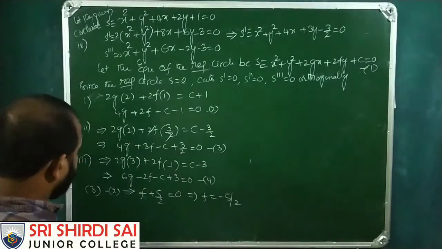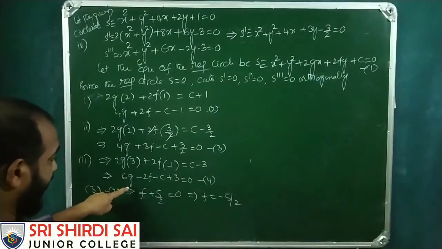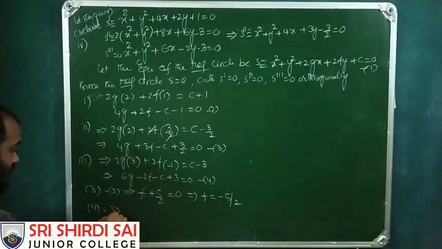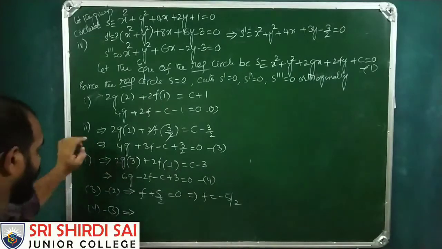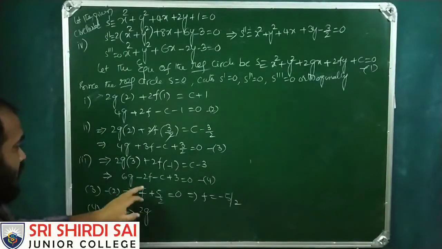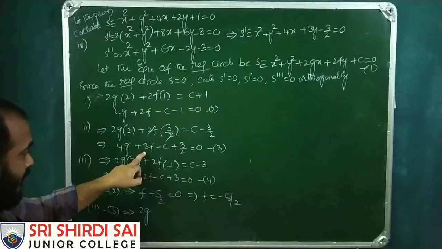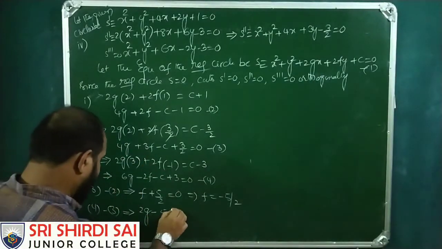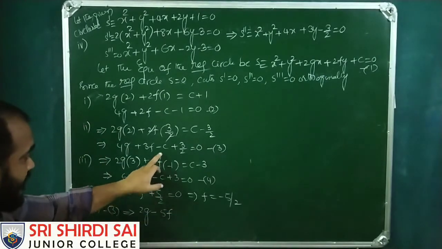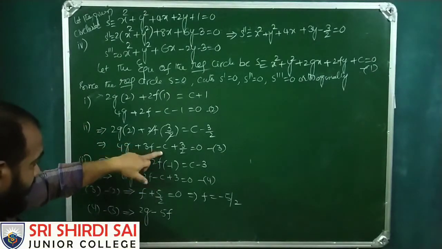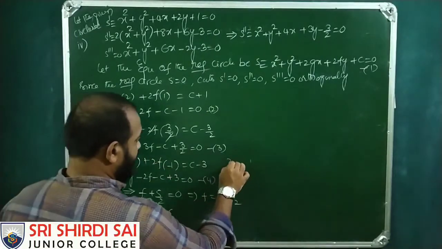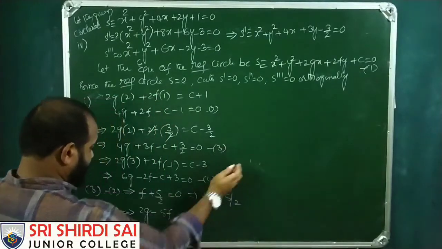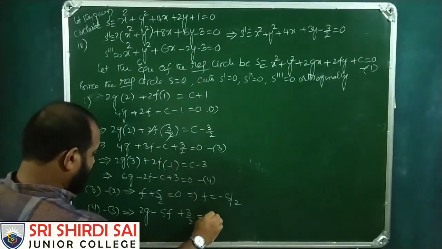Okay, next let us try to subtract 4 minus 3. 6g minus 4g is 2g. Minus 2f minus 3f is minus 5f. Minus c plus c gets cancelled. This is 3 minus 3 by 2. 2 3s are 6 minus 3, plus 3 by 2 is equals to 0.